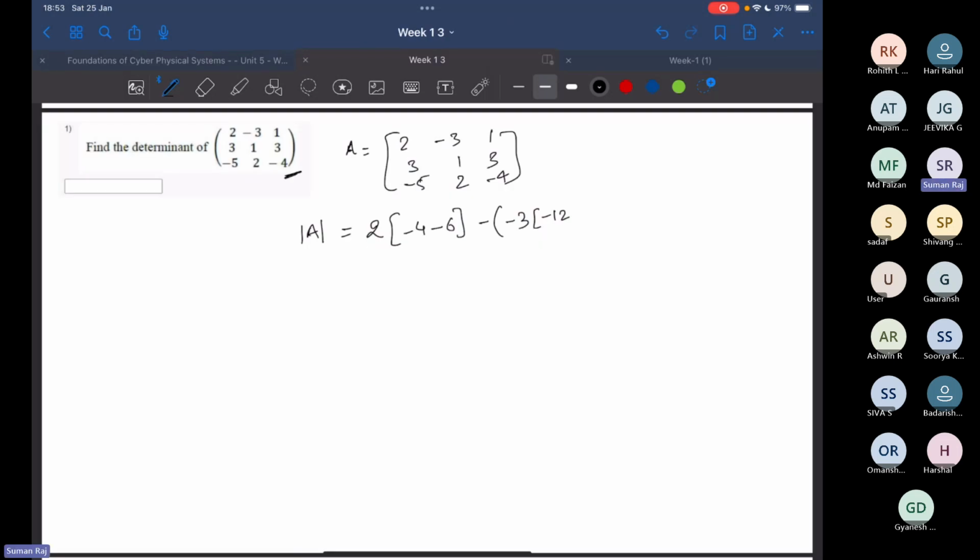So what is the answer that you got in this question? Zero. Nice. So if anybody wants a solution, they can refer to this.